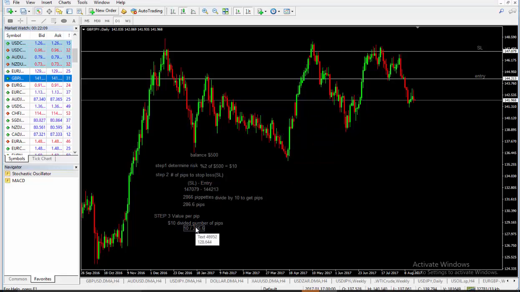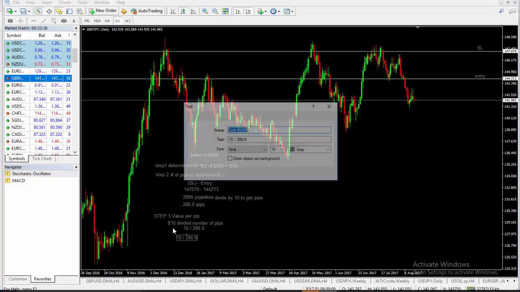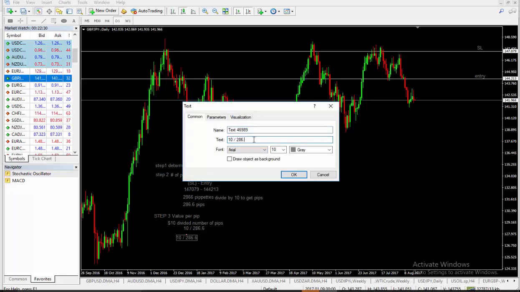Alright, now let's get our calculators out and do the same thing. 10 divided by 286.6. Now this gives us 0.0348918 and whatever number it is.